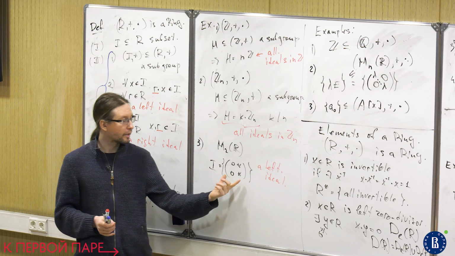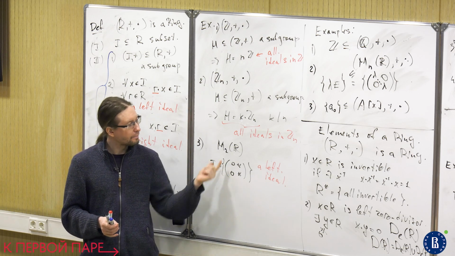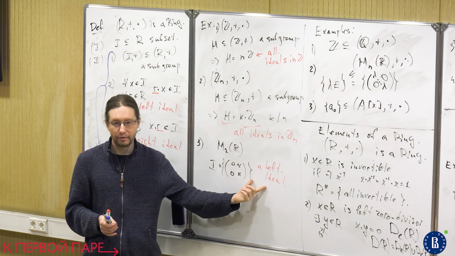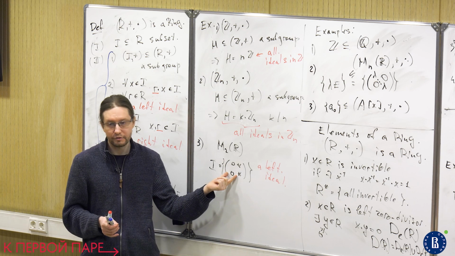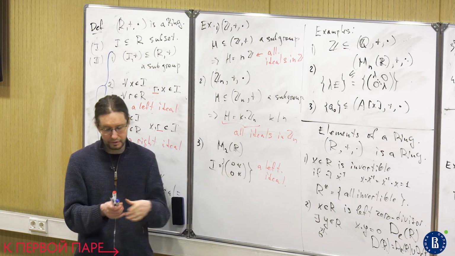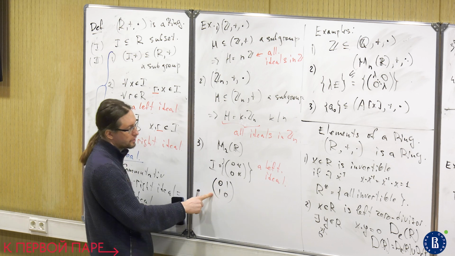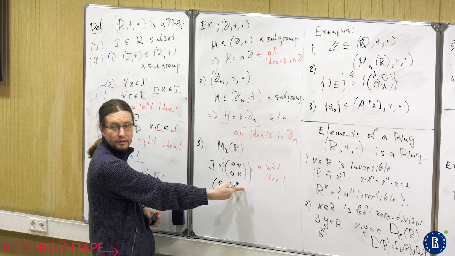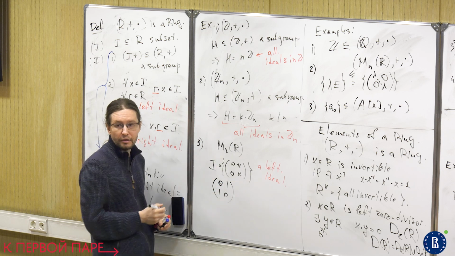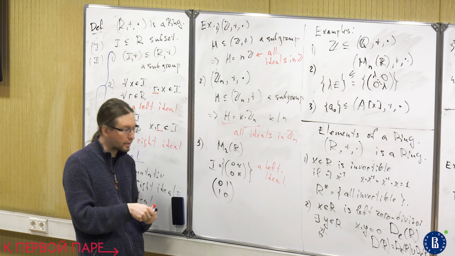And if you multiply a matrix of this form by something on the right, it may happen that in the result the first column is not 0. For example, if you take a matrix like this and multiply by this matrix on the right, it will swap the 2 columns. So it's not closed under right multiplication, but it's closed under left multiplication.